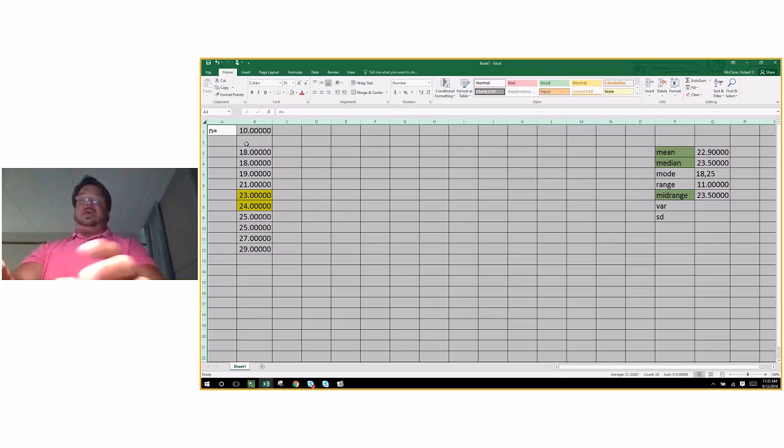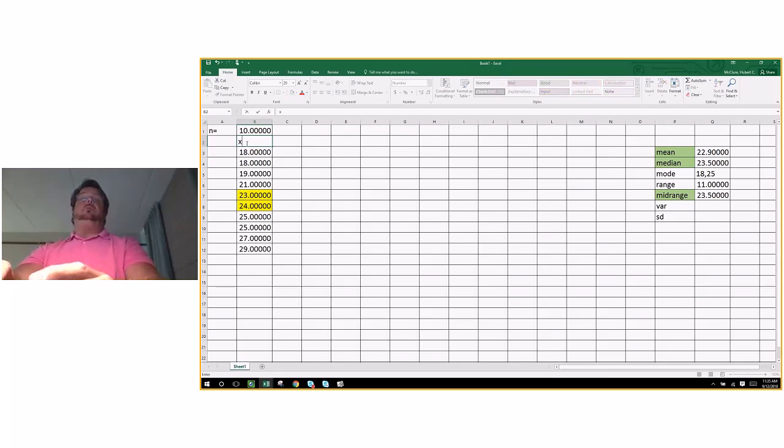All right, since this is x, I get x minus what? X bar. X minus the mean. You can put x minus mean if you want to. Okay, so that's going to be equal to 18 minus the number. And I'm going to hit F4 to lock it.